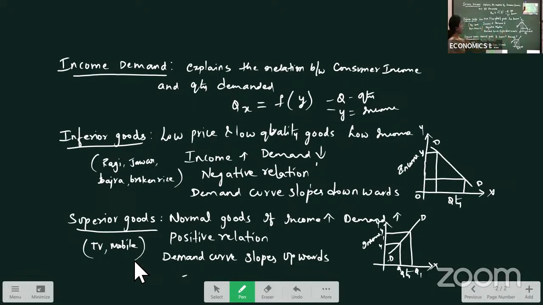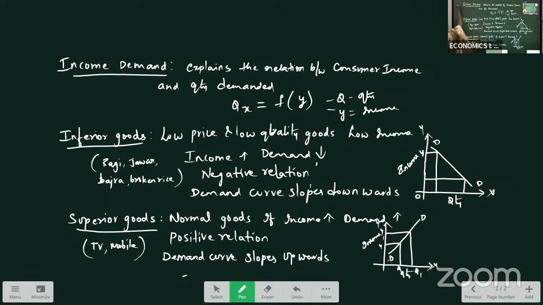Now, superior goods are also the normal goods. When income increases, demand also increases. So there is a positive relation. When there is a positive relation, demand curve slopes upwards. So this is the concept of income demand.